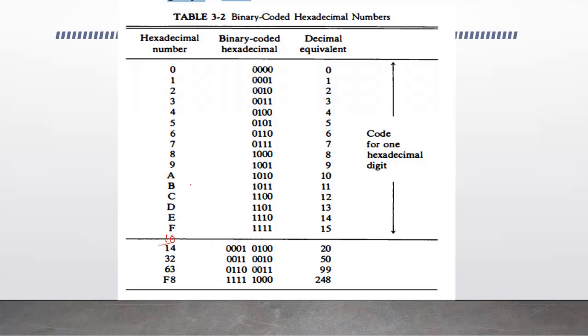The binary equivalent of 1 is 0001 and 0 is 0000. So we write 0001, and the second is 0, the binary equivalent is 0000. So the first 16 digits are already coded. We use these codes to further represent any hexadecimal number.